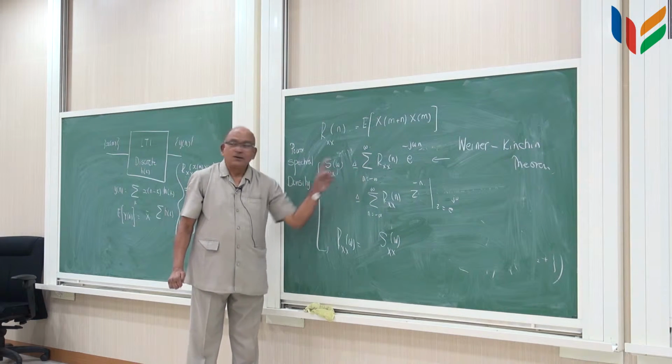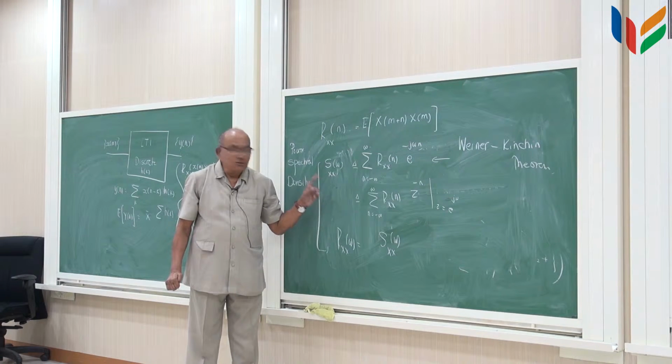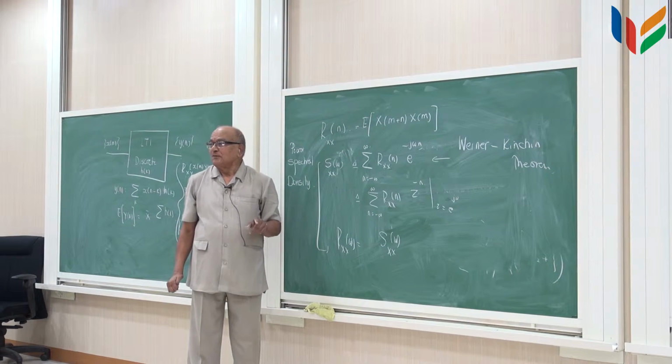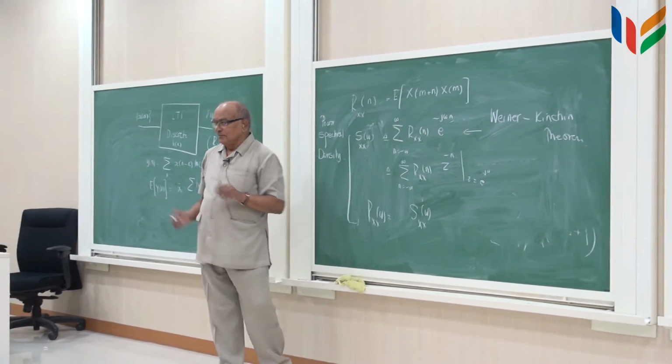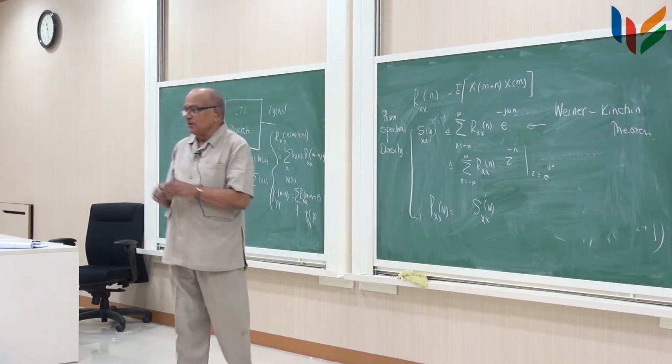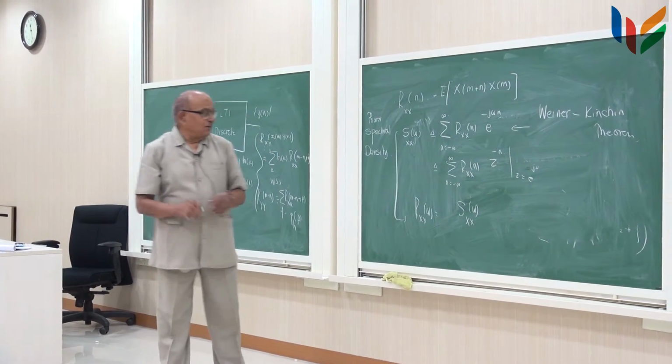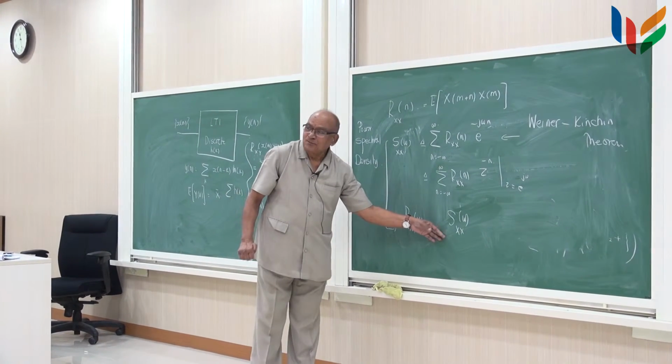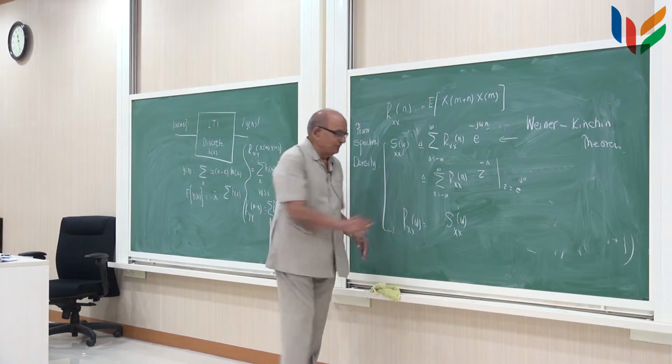If you give me R, I can get S. If I give S, how do I get R? Inverse transform, right? Equivalent to inverse Z transform. And I should write something here similar to my inverse Z transform.